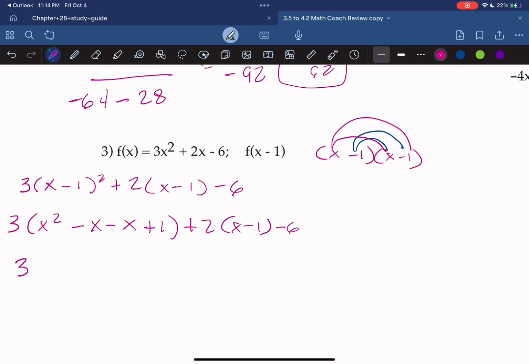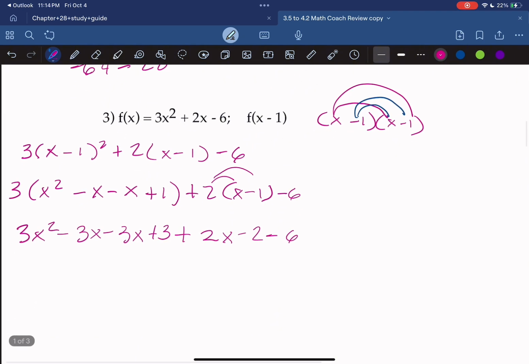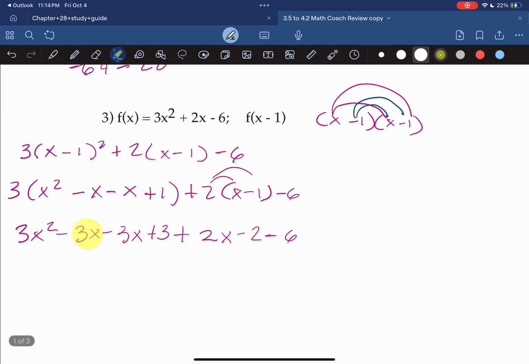3x squared minus 3x minus 3x plus 3 plus, now we multiply the 2 into the parentheses. 2x minus 2 minus 6. Now we combine like terms. There's an x here, x here, x here. And then there is a number.